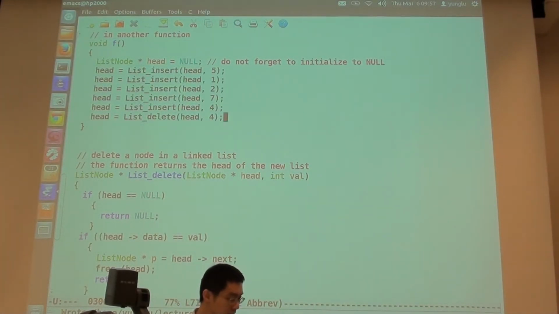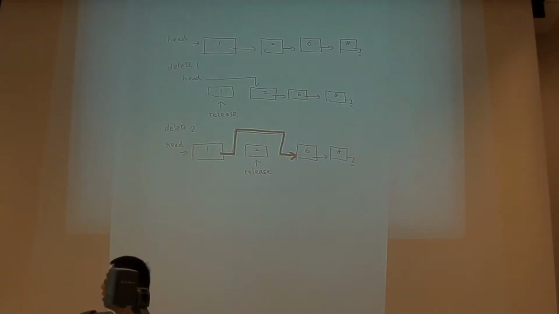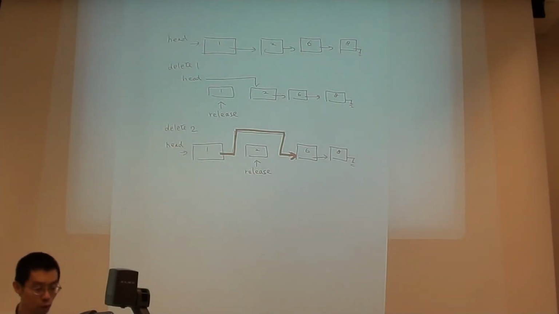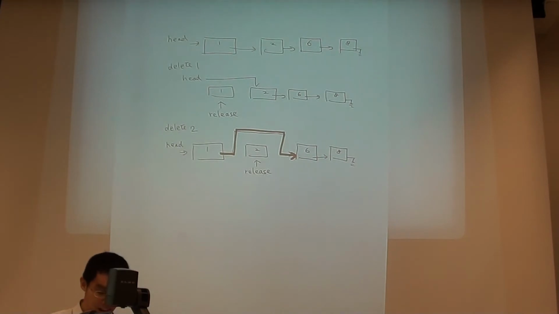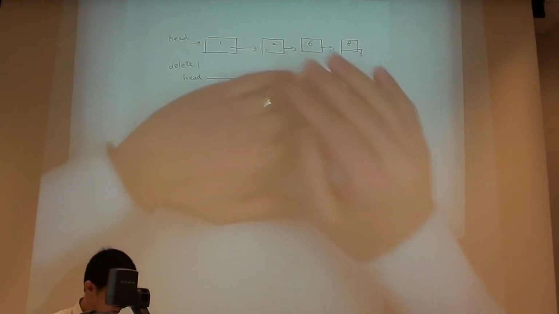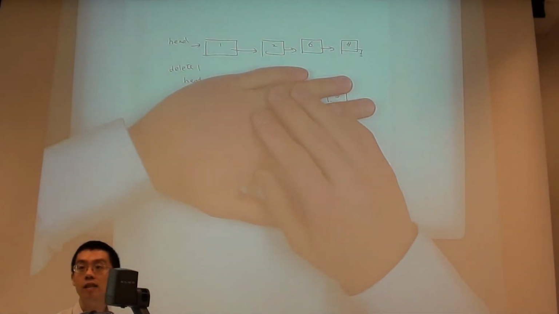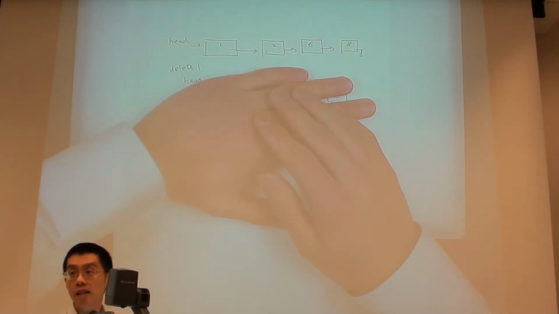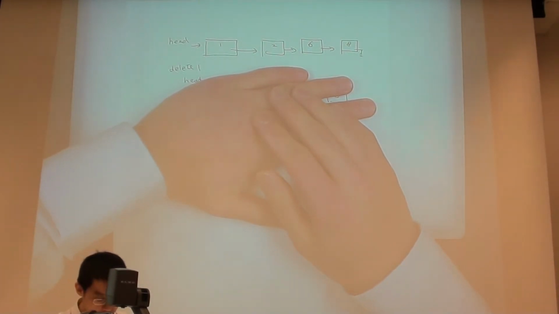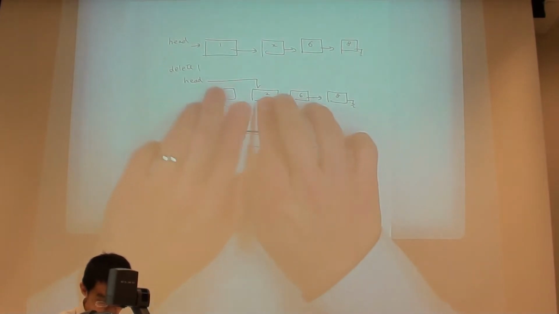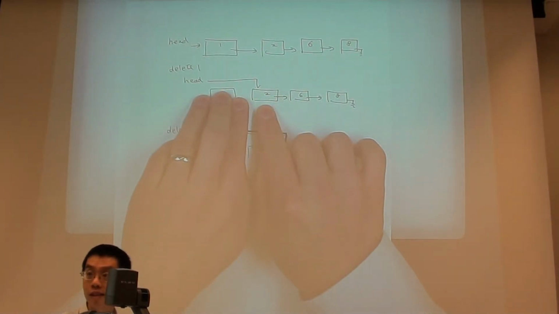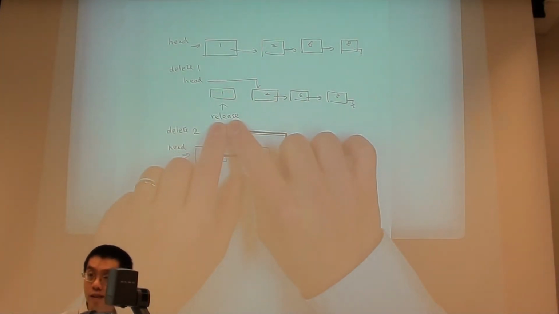Now let's look at the drawing here. When we delete the node, let's say we want to delete 1, that means I'm going to move this to the second node and then release the first node, right?